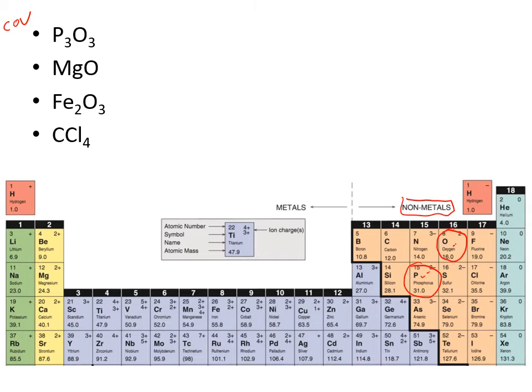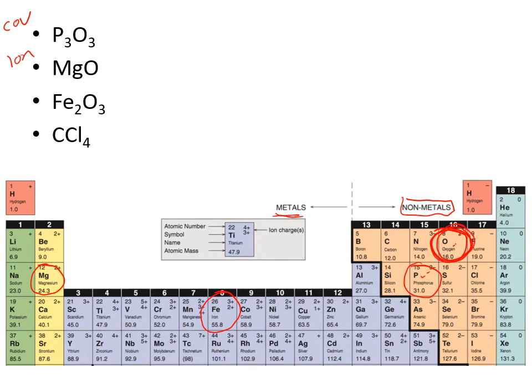Okay. The next one is Mg and O. Okay. That is a metal and a non-metal. So that is going to get an ionic name. So I'm going to write ion right there. Here is Fe, and here is O again.